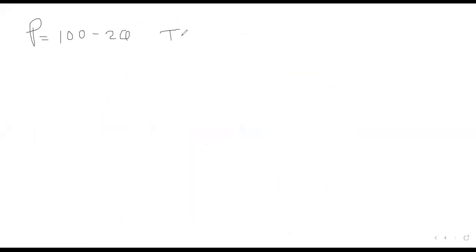Now total cost has been given by 5 plus 3Q. So number 1, find the total revenue. Find the marginal revenue. Find the maximum revenue.